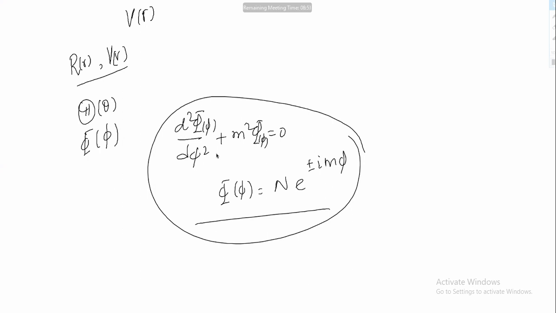Is it not? Yes, sir. And then the same is true for capital M, which is depending only upon capital R, the center of mass coordinate. And with capital R, it has no potential dependence. And that is why that equation is independent of potential, and that is why the solution will be the solution for a free particle.